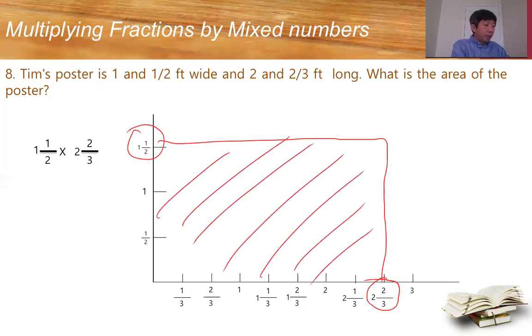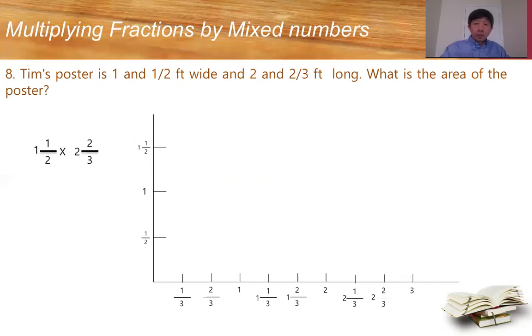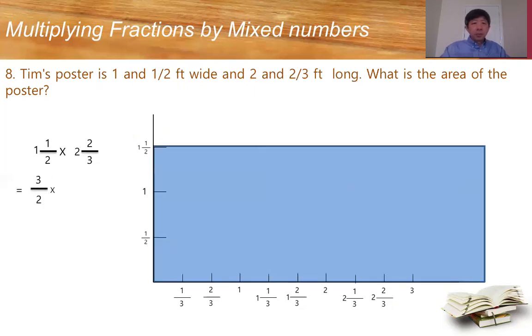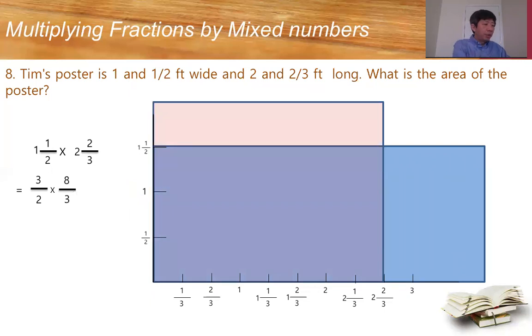Okay. Now next, we're gonna change this into an improper fraction, which is 3/2. 1/2, 2 over 2, 3/2, right? So that's the 3/2. And then next, we're gonna change this into an improper fraction.